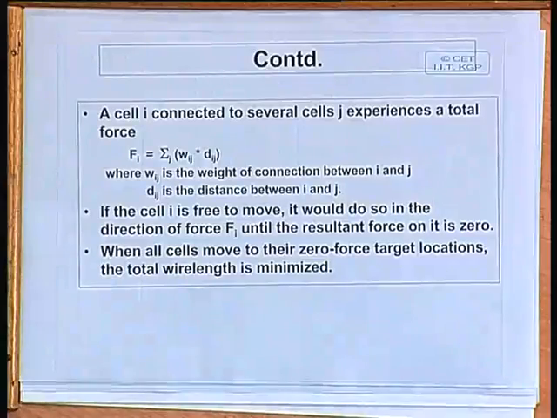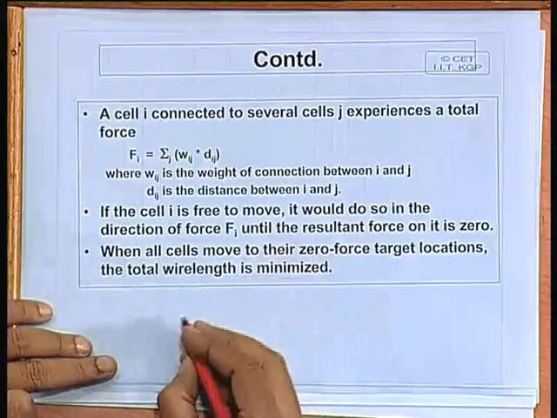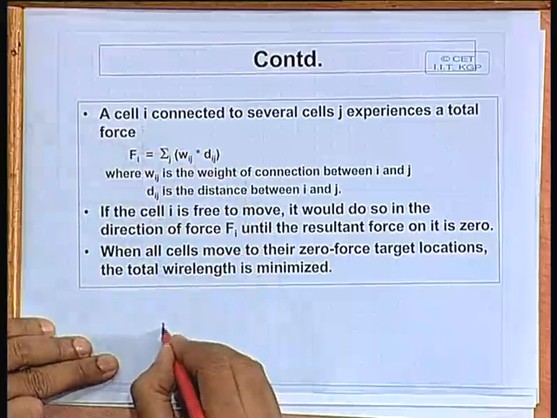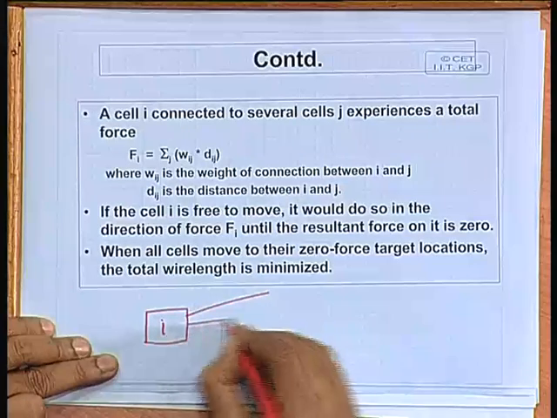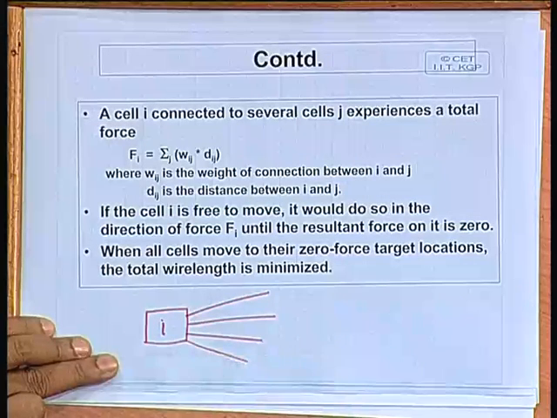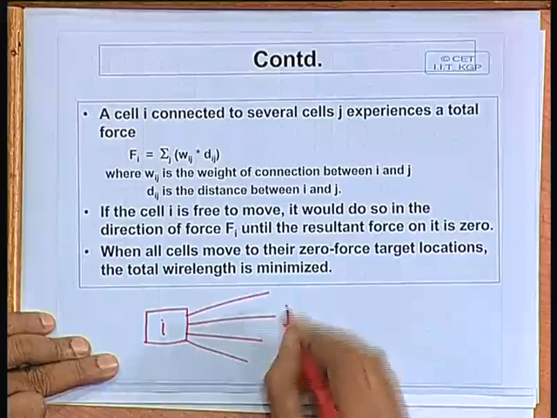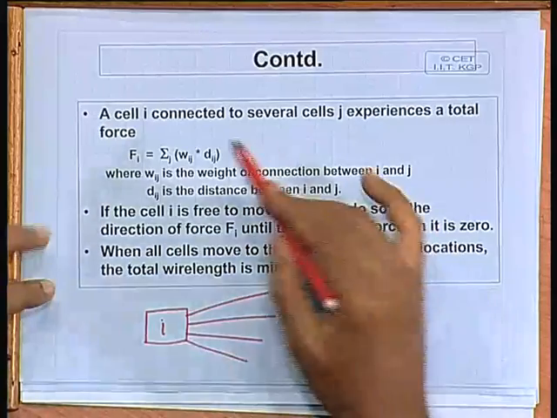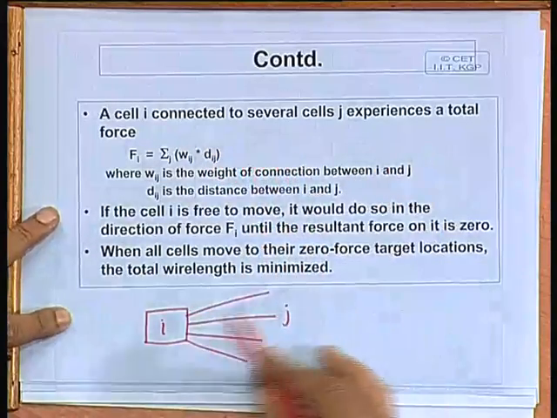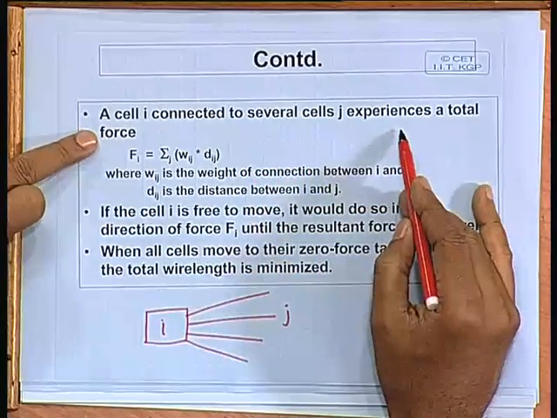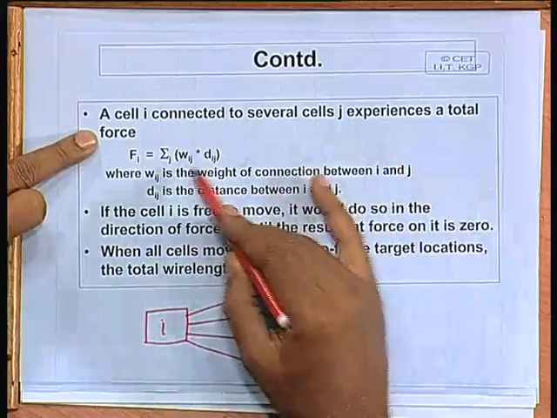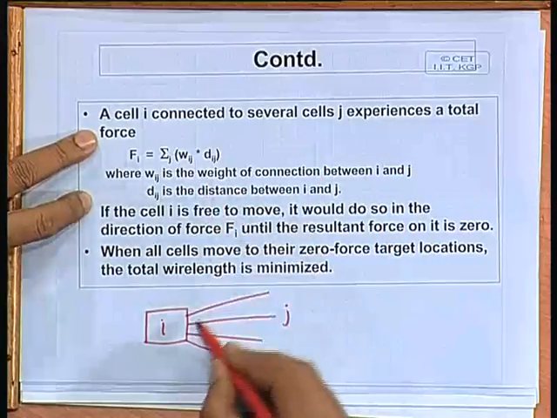So, let us try to formulate this problem first. Say I have a cell I. This cell is connected to several other cells. Let us call one of them J in general. So, a cell I which is connected to several other cells in terms of the netlist will experience a total force, defined using the weight of each link.